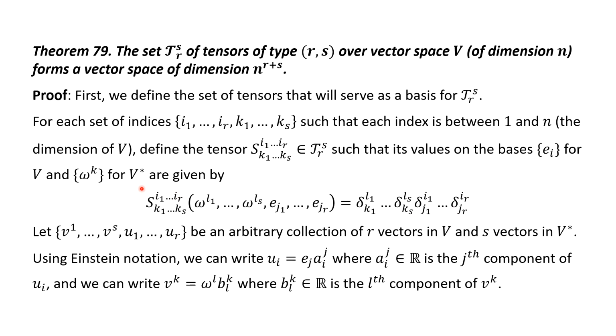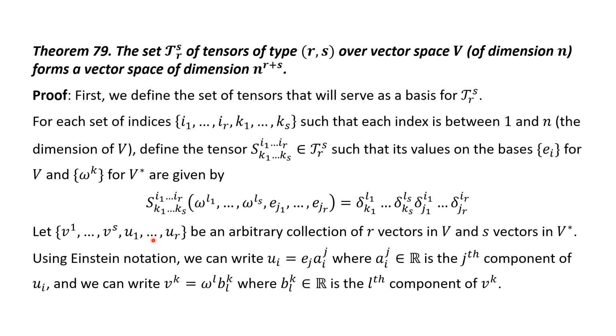So that's our set. We want to show that these tensors form a basis for T_S^R. So next step is we'll take an arbitrary set of R vectors from V, and S vectors from the dual of V. Then using Einstein notation, we'll represent how each one of these vectors is written in terms of their associated basis.